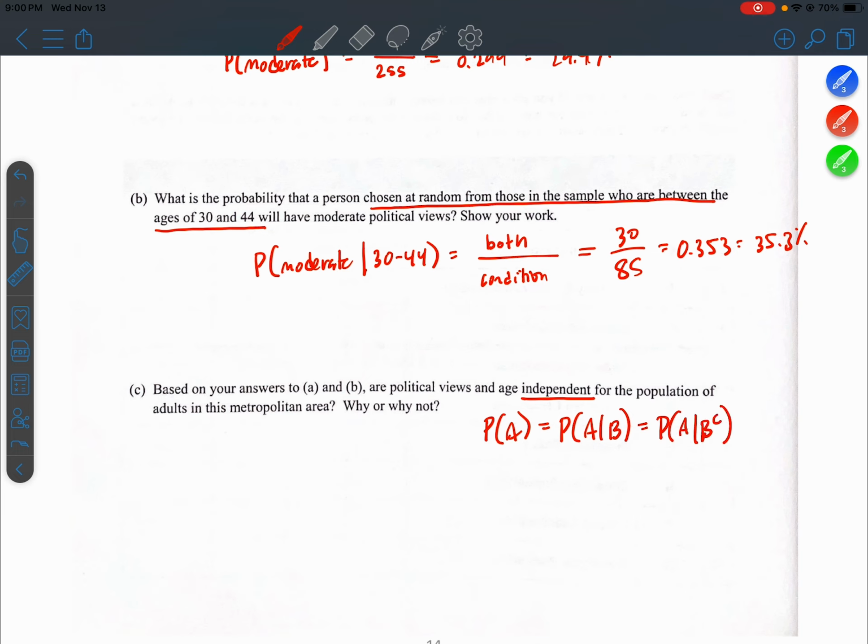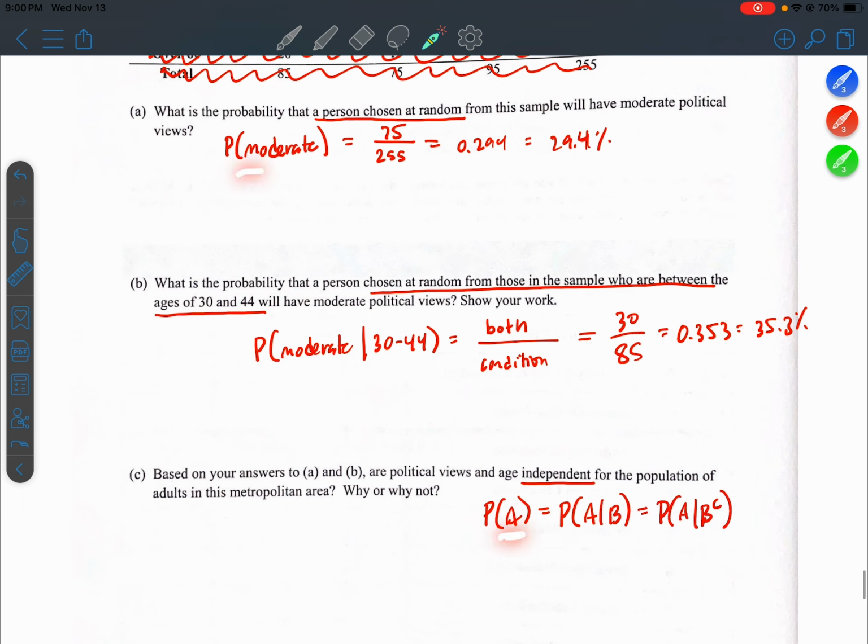Whether a condition occurs or doesn't occur, or you ignore it altogether, the probability of A is always the same. Here A would be the event moderate views, and B would be the condition of the age group. If we think of this as the probability of A, and this as the probability of A given B, we can already see that these two things are not equal.